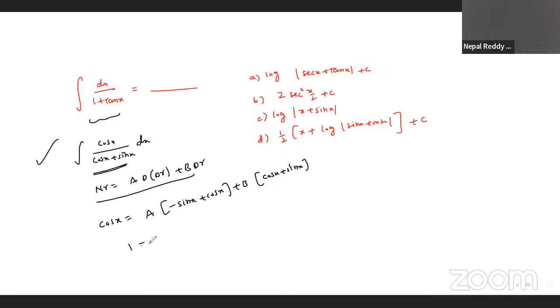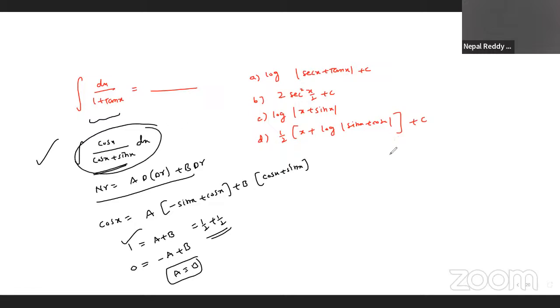Now, comparing cos x coefficients, you will get a plus b equal to 1. And comparing sin x terms, minus a plus b, which is 0. And hence, a equal to b. Therefore, a equal to b gives 1. Therefore, the value of a is 1 by 2, the value of b is 1 by 2.